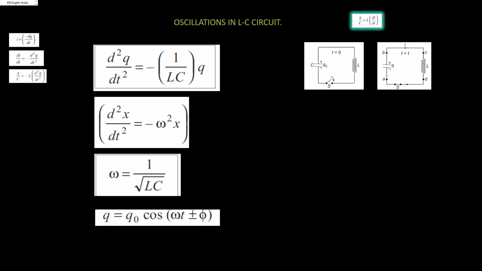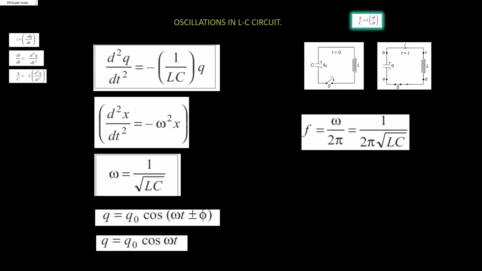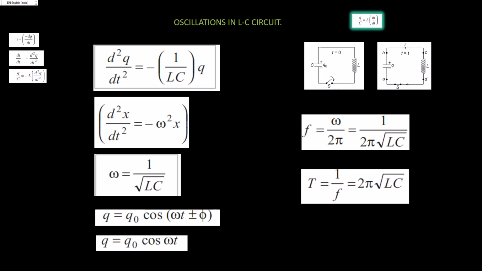The solution of this differential equation is q equals q0 cos(omega t plus or minus phi). If the initial phase is 0, then we can simply write q equals q0 cos omega t. And the frequency f equals omega by 2 pi equals 1 by 2 pi root over LC, and time period tau equals 1 by f equals 2 pi root over LC.